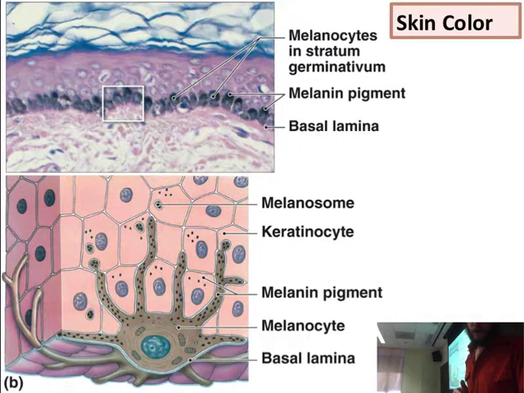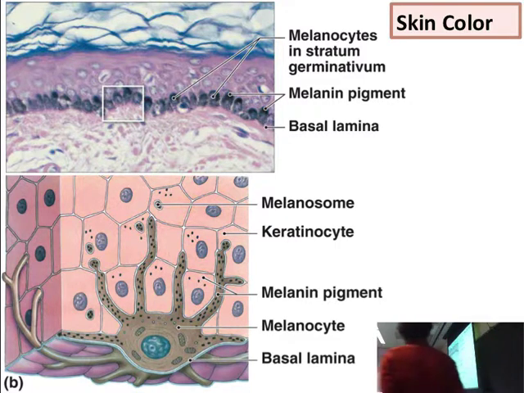All right, skin color. Skin color is dictated by melanocytes. So here are melanocytes in the stratum germinativum. Here's a cartoon of what they look like. These are cells that have all these pseudopodia that come off of them, these little tentacles.